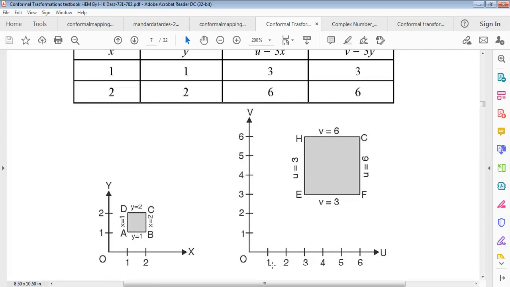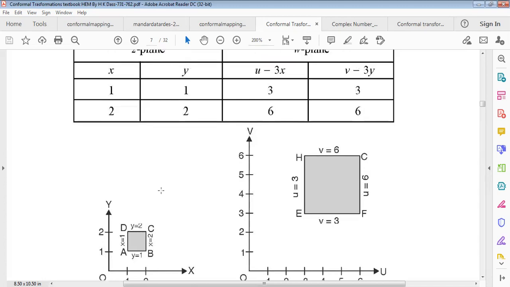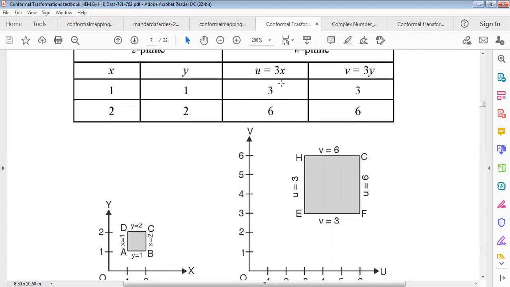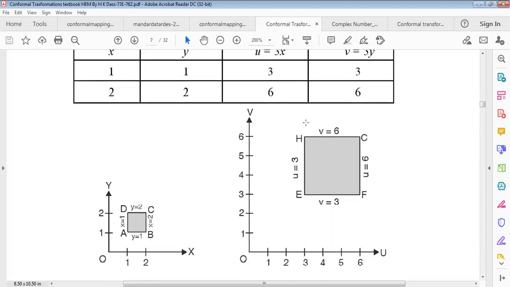Again, plotting u, v in the W plane. If u equals 3, we get this straight line, parallel to the v axis. Again, if v equals 3, we get a line parallel to the u axis in the W plane.